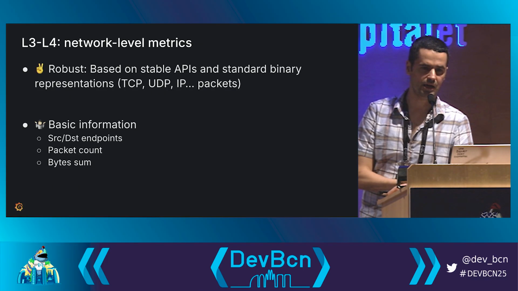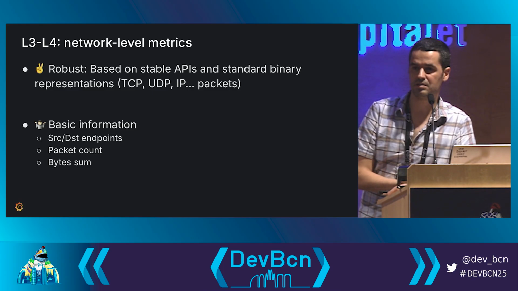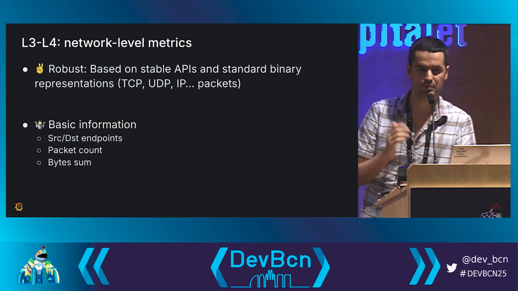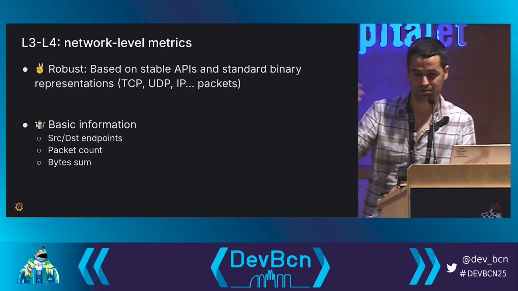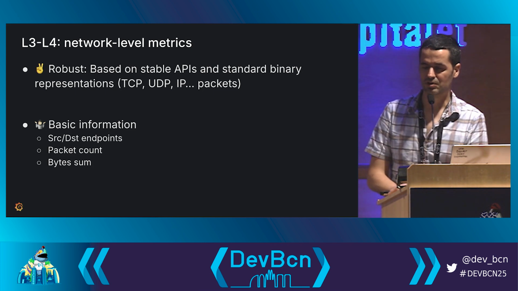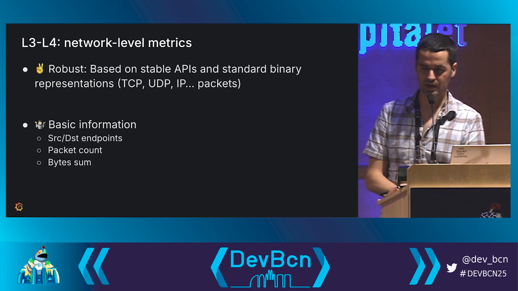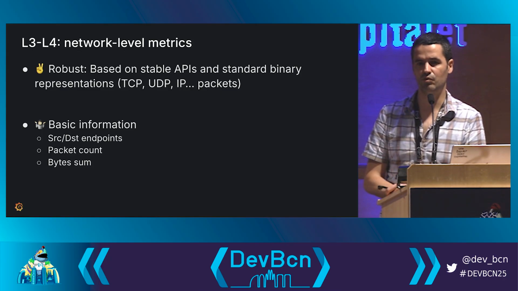But it has an advantage. These kinds of programs are inspecting very stable APIs. The TCP/IP stack has been the same for the last 40 years, maybe, with small additions, of course. So it's very unlikely to break your instrumentation, but the information it can provide is very limited.